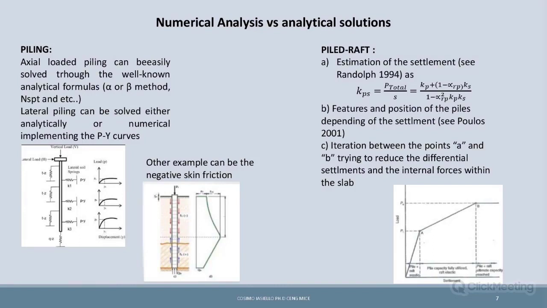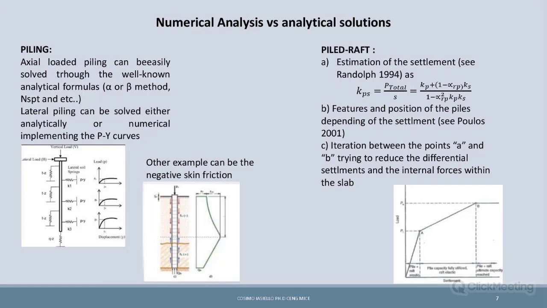If we have a pile in a rock socket, so our pile mainly works for base resistance, we can go directly with an analytical formulation, and it will not bring us any surprise. The axial load, for example, on piling can easily be solved with well-known analytical formulas.